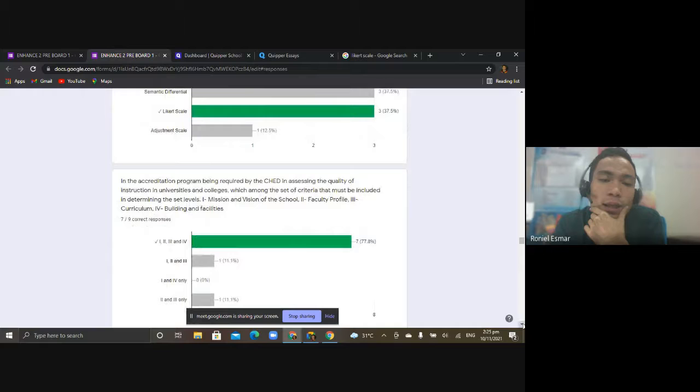Next, in the accreditation program being required by the CHED in assessing the quality of instruction in universities and colleges, which among the set of criteria must be included in determining the levels? Is it one, mission and vision of the school, two, faculty profile, three, curriculum, and four, building and facilities?